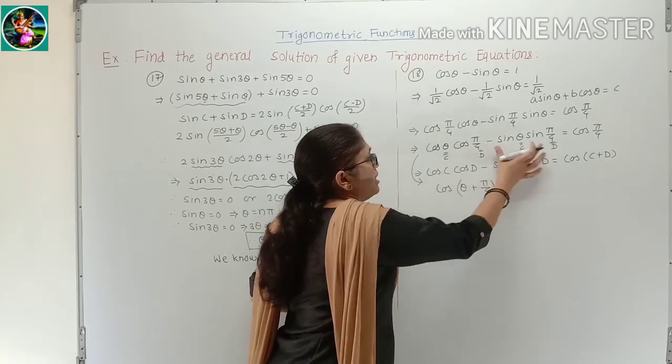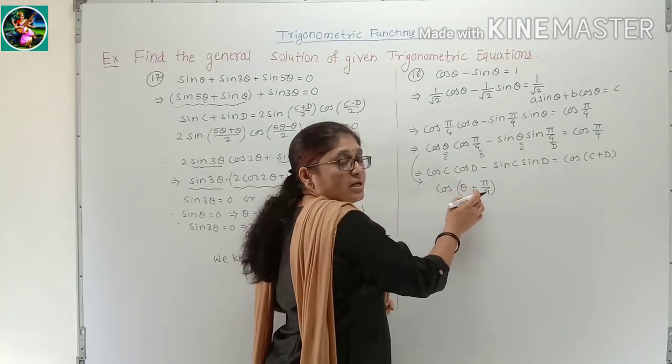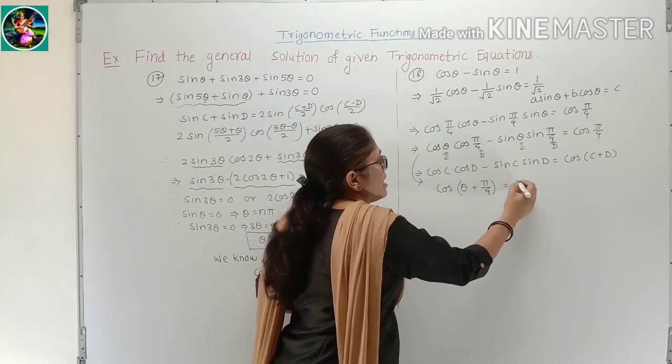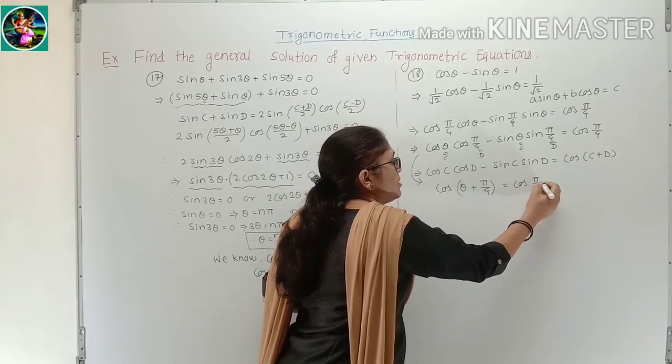Therefore, in the left hand side we get cos of theta plus pi by 4, and in the right hand side we have cos of pi by 4.